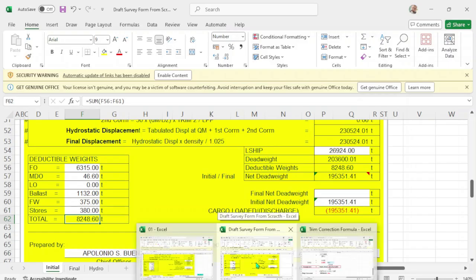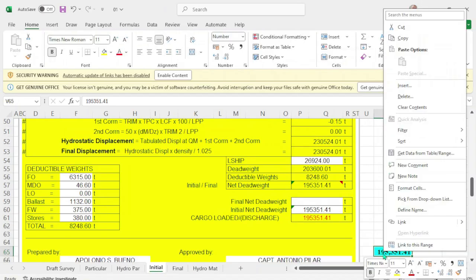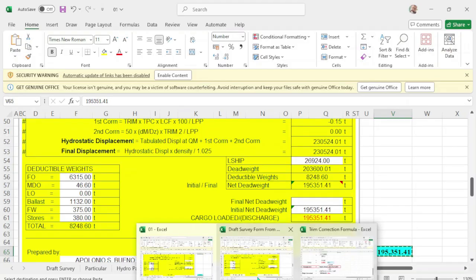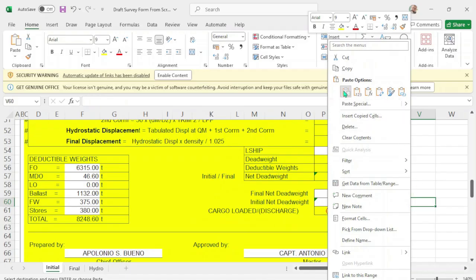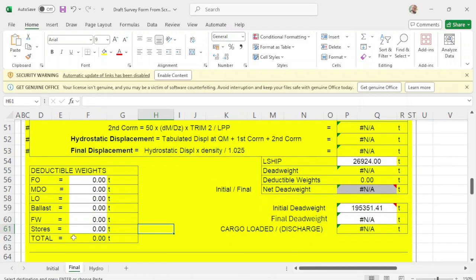Copy here, paste. Oh, the cargo is the same. Then we go to the final. So nothing here.